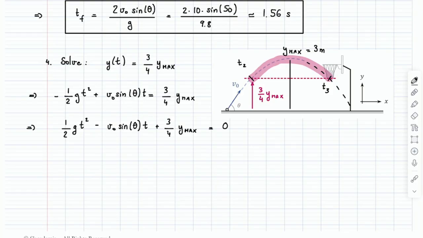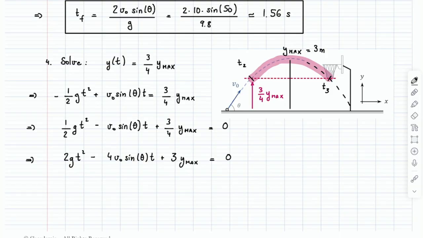Now this is a true quadratic, okay? I have this term here, so I can't just factor out t and solve. I just have to use the quadratic formula. I really don't like fractions. If I could get rid of fractions, that would be nice. So I'm going to multiply everything by 4. So I'm going to get 2g t squared minus 4 v0 sine theta t plus 3 y max is equal to 0.